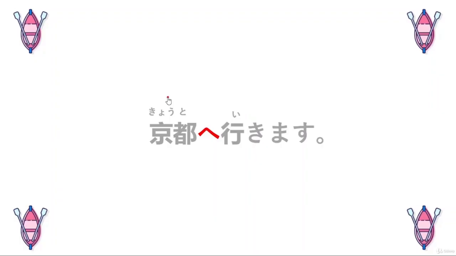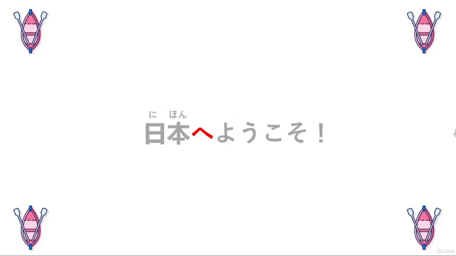In this sentence, you could also use particle ni because both of them are particles for movement. Yes? So here we could use e or ni. Both would be fine. 日本へようこそ。ようこそ welcome to Japan. In this sentence, the only particle that could be used here is e.